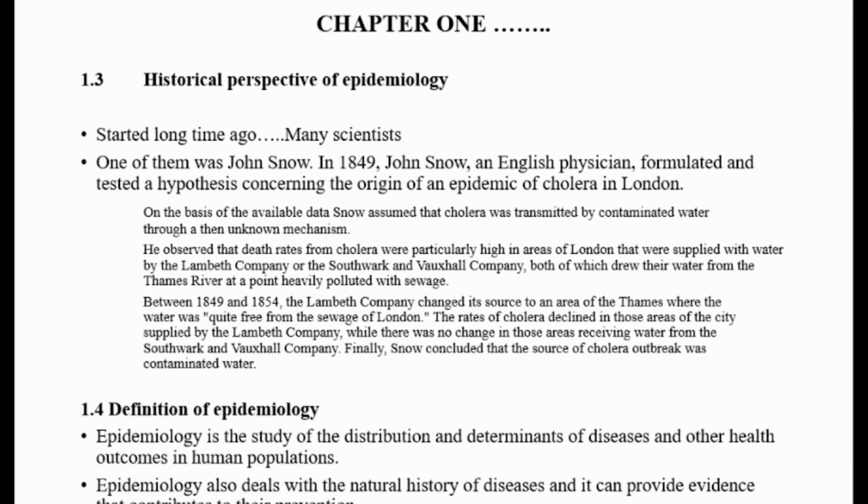Definition of epidemiology. Epidemiology is the study of the distribution and determinants of diseases and other health outcomes in human populations. Epidemiology also deals with the natural history of diseases, and it can provide evidence that contributes to their prevention. Therefore, when we are talking about epidemiological studies, sometimes we want to know how a disease started, so that it will end, and how the disease progresses.